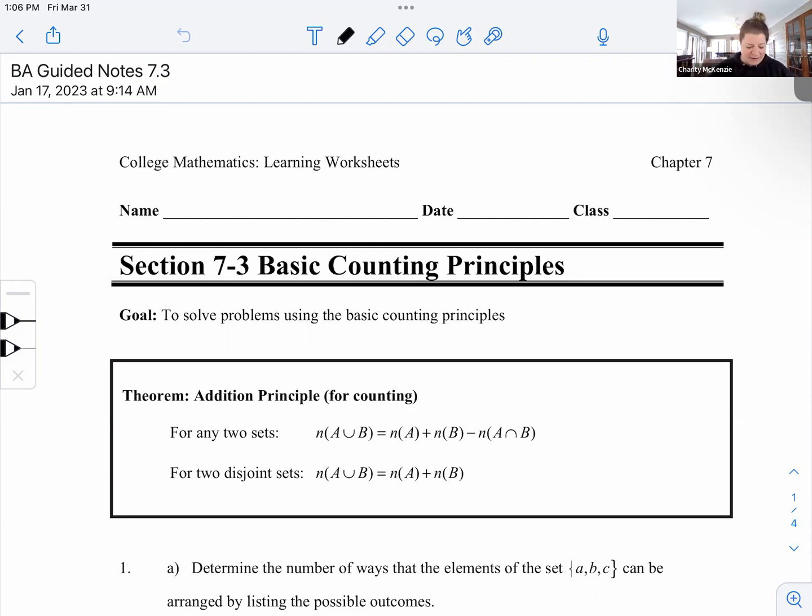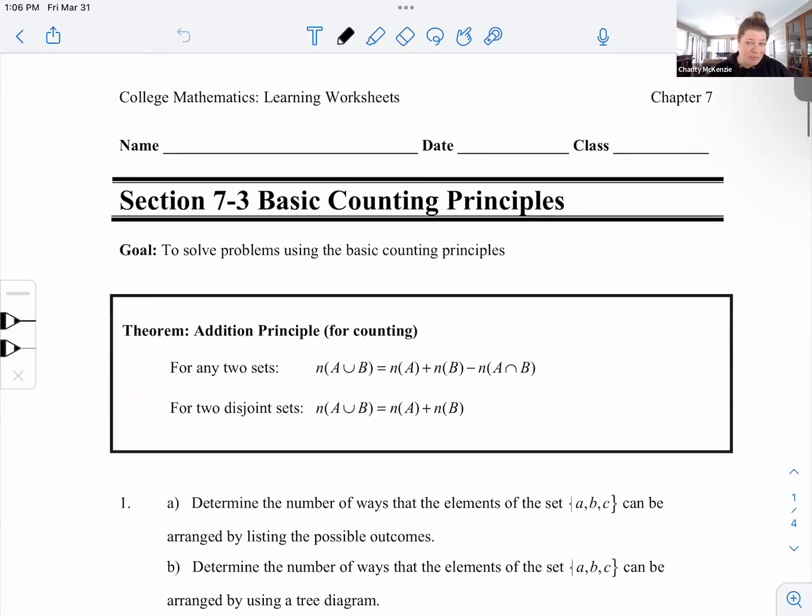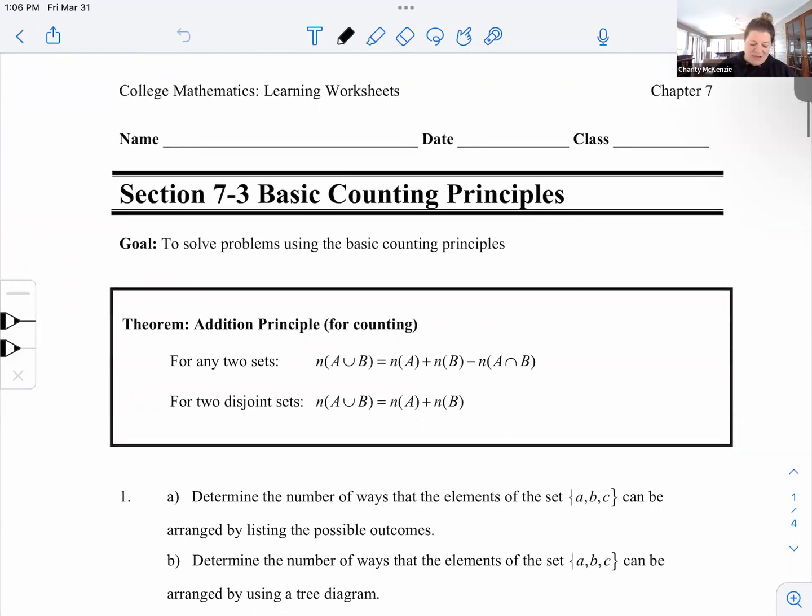Okay, so look at what I have here. It's 7.3, basic counting principles. I want you to think of multiplying the ideas together.